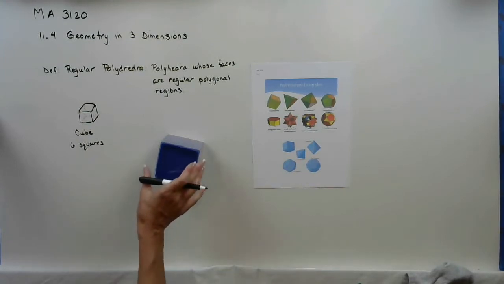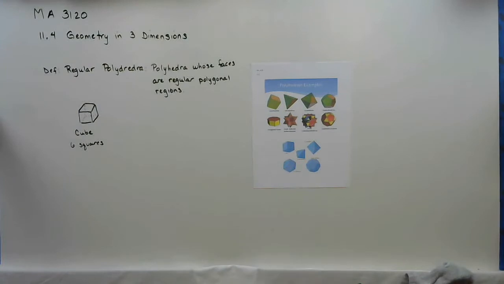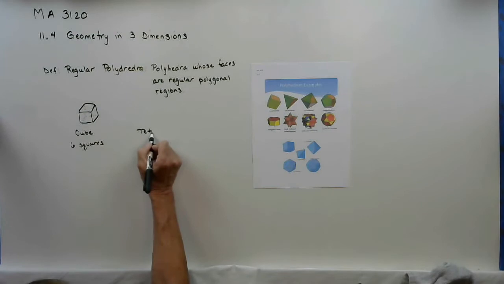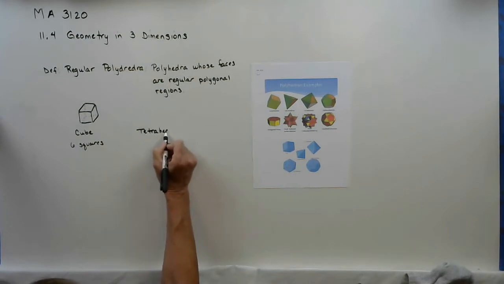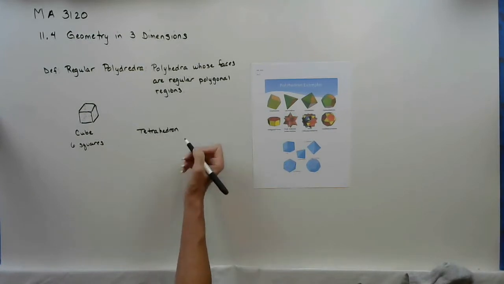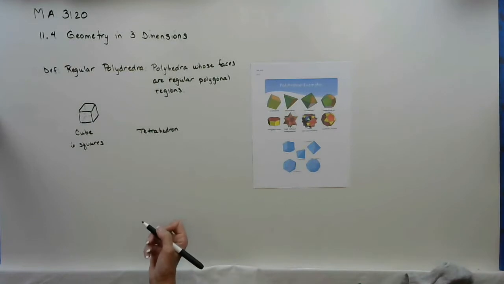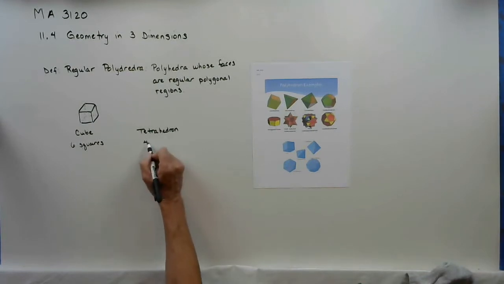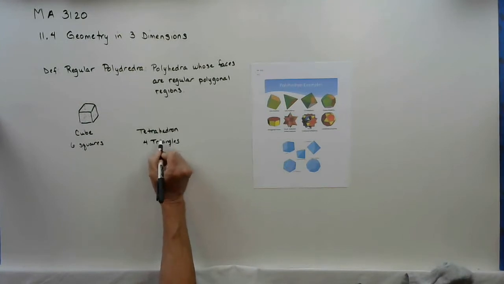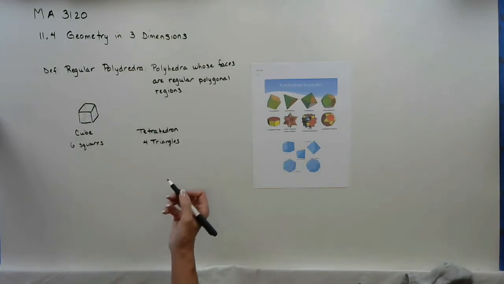We also have a tetrahedron. A tetrahedron is made up of 4 triangles. It's a little trickier to draw.